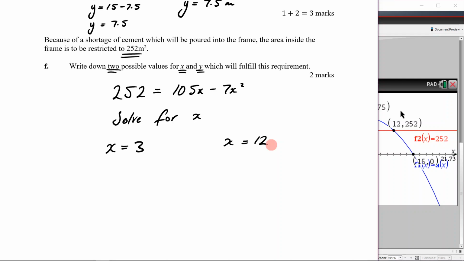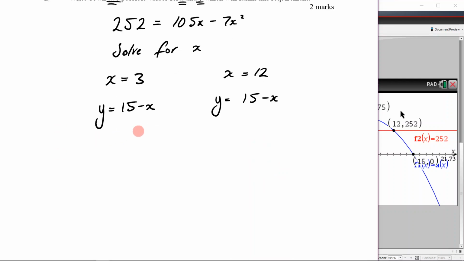But great, luckily we have our CAS, so we don't have to do it by hand, but I'm still writing down that, hey, I've set this equal to this, and then once I've done that, I'm solving it for x, in which I get this, and then after I've done that, I'm going to find out what my y is going to be. Remember, y is 15 minus x, so that means in this case, it will be y equals 15 minus 3, and over here, it will be y is equal to 15 minus 12, which means y is equal to 12, and over here, this will be y is equal to 3.